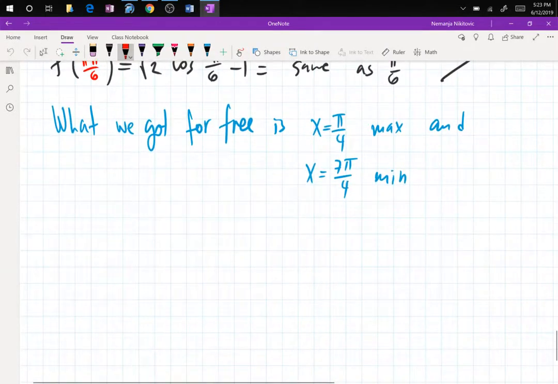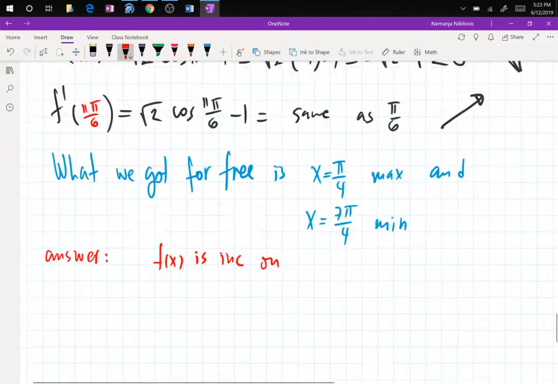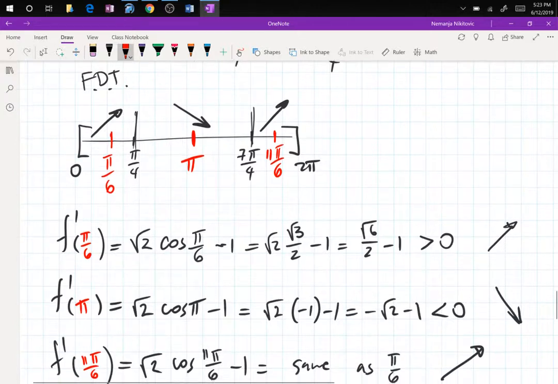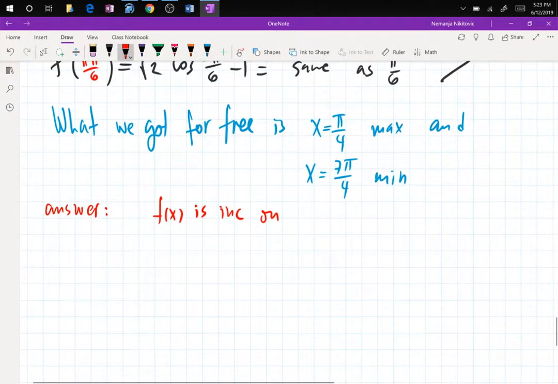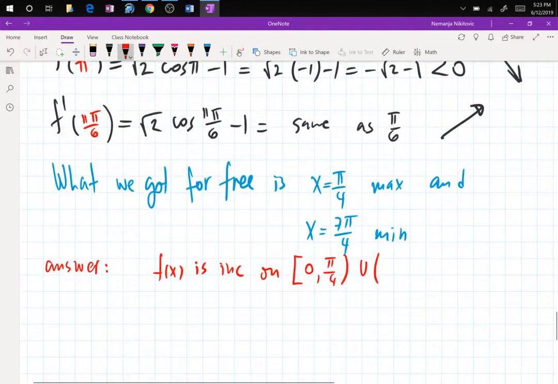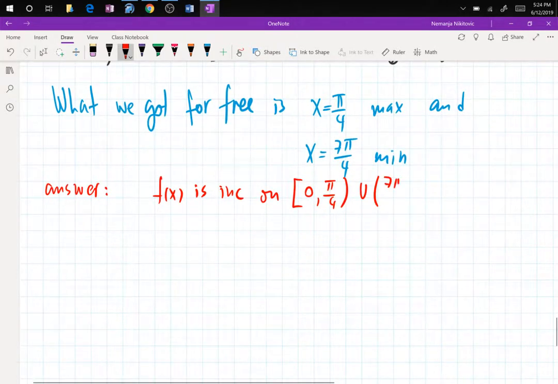So answer, f of x is increasing on, and now the increase is the first and last. So 0 to pi over 4, union 7 pi over 4 and 2 pi.